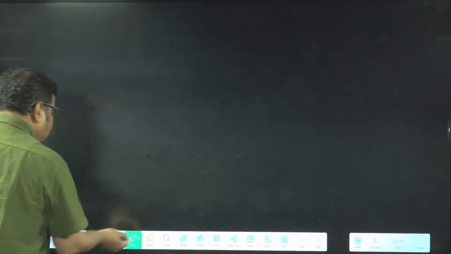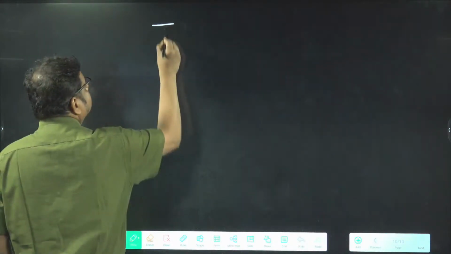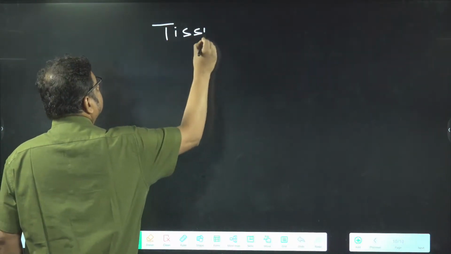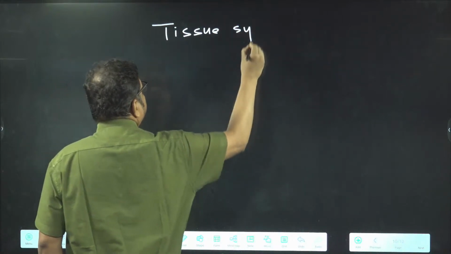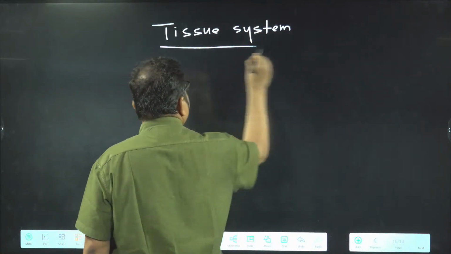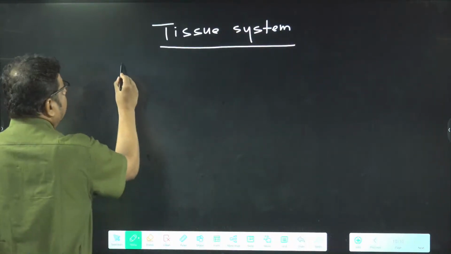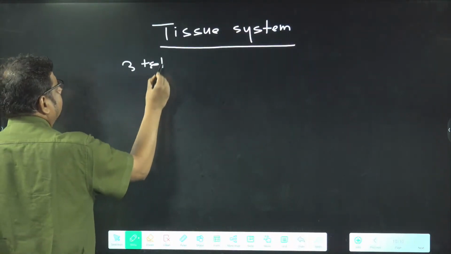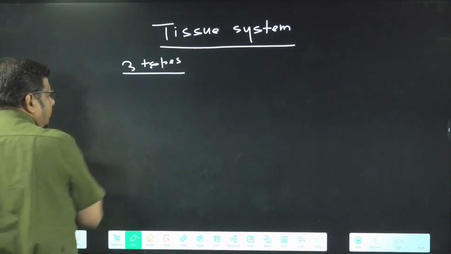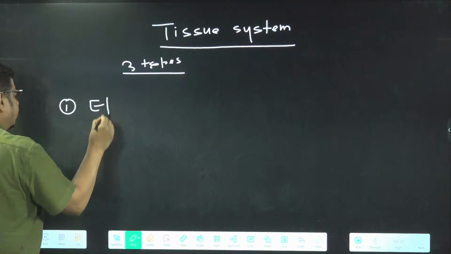Have a look. Now we are going to deal with which one? Tissue system. So there are three types of tissue systems we will study here, three types. The first one is the epidermal tissue system.